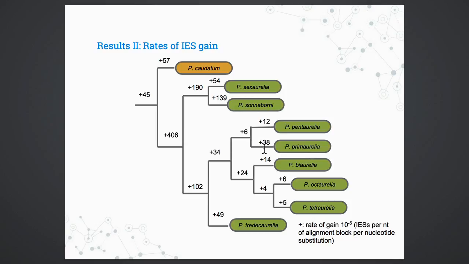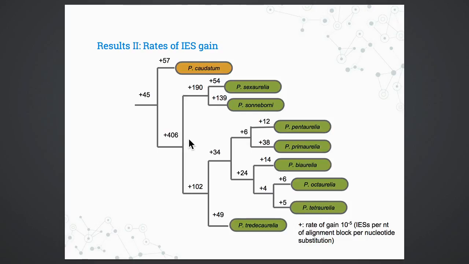And what I'm showing here is the species tree topology with the inferred rates of gain in each branch. The model of the inference we used assumes a constant rate of insertion.